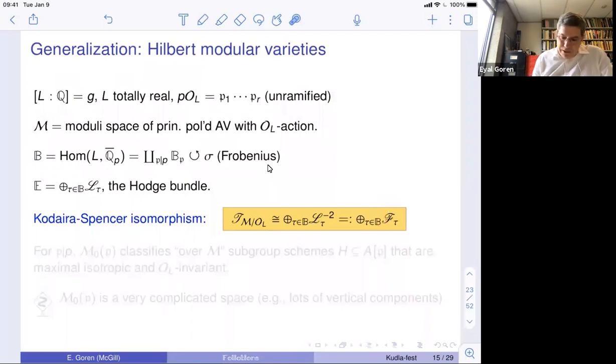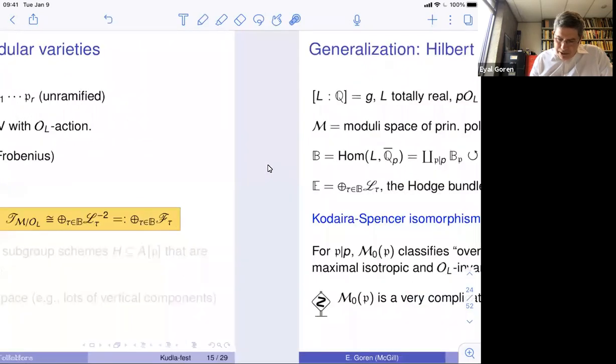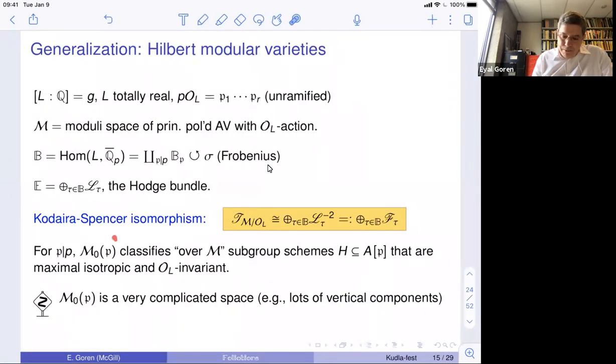Okay, so there's an interesting story that I want to present. Once more, it will involve certain Γ_0(p) moduli problems. For every prime 𝔭 dividing p, there is this moduli problem M_0(𝔭). Before I didn't explain what it is; now I'm coming clean.